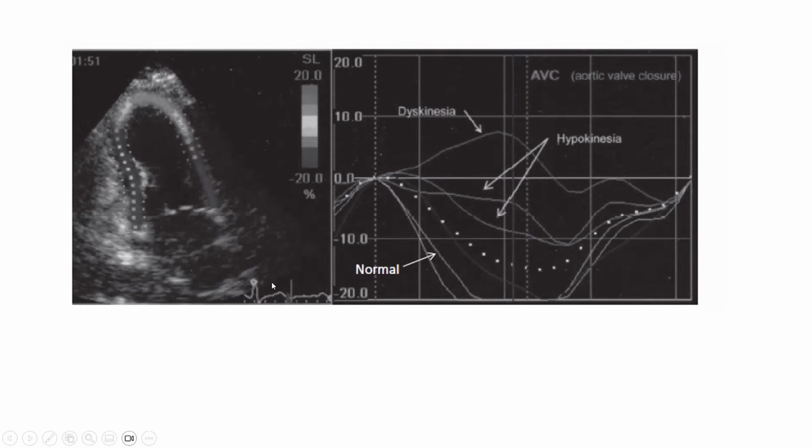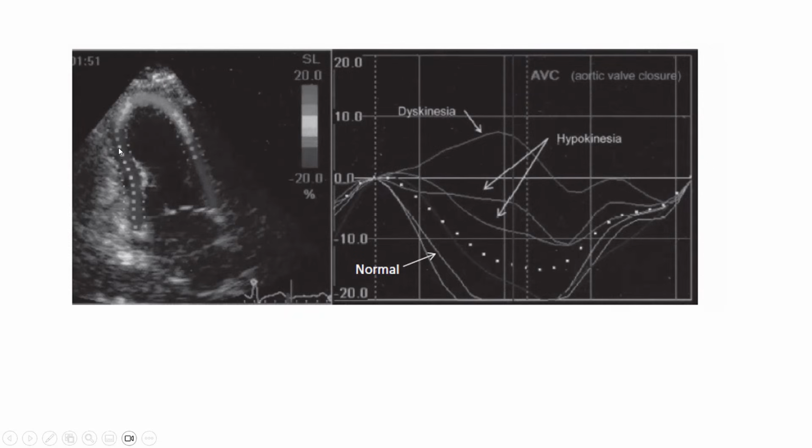And let me go back to longitudinal strain. One idea that arises here is that normally you have a negative strain, minus 18% or less. But let's say that segment is dyskinetic, meaning that segment in systole is moving outward. It's actually expanding in systole rather than shrinking. Those are cases where you get a segmental strain that is positive instead of negative.